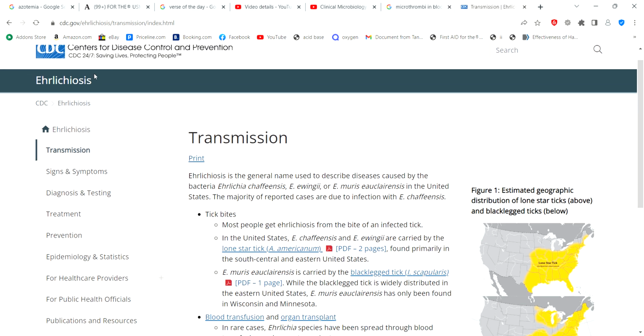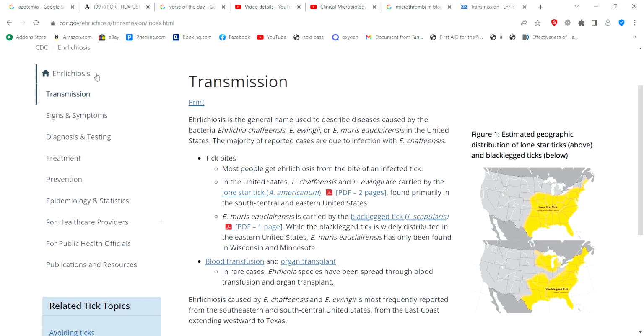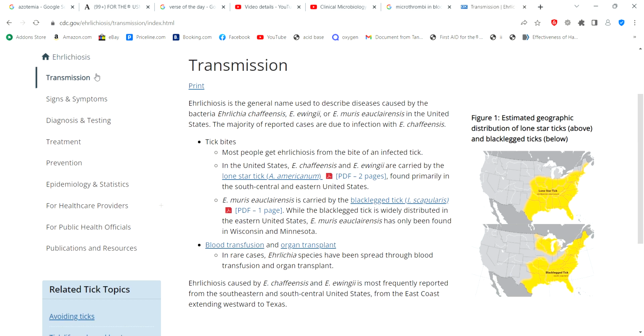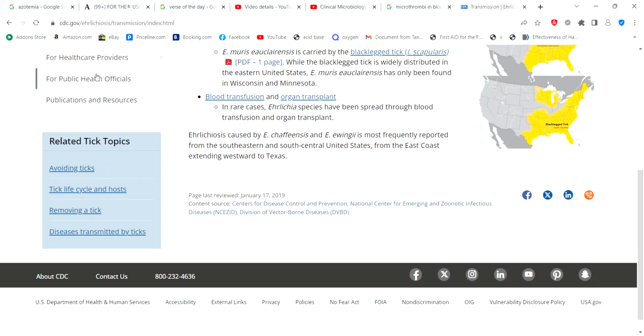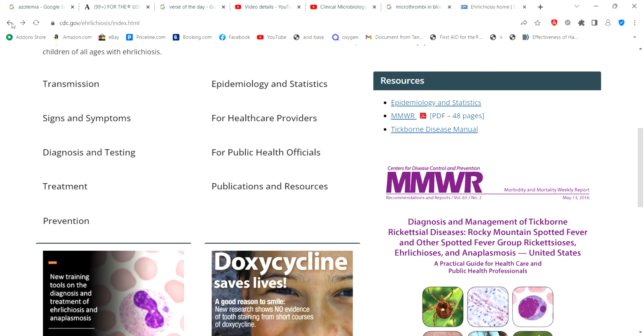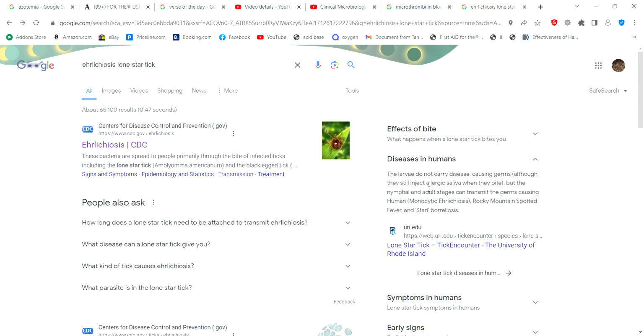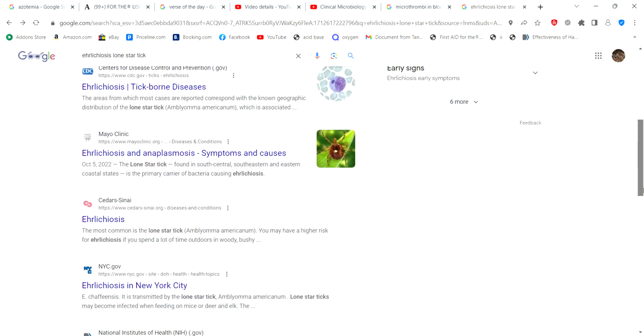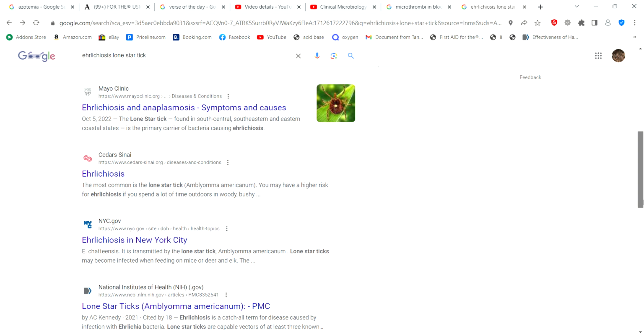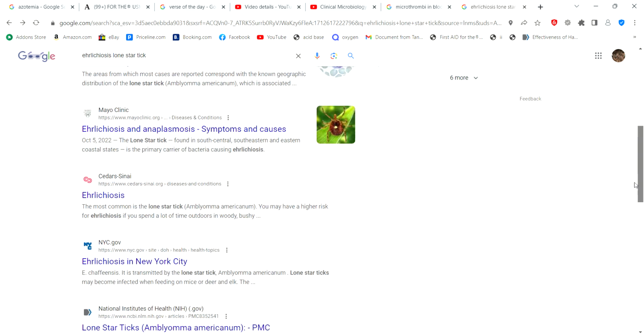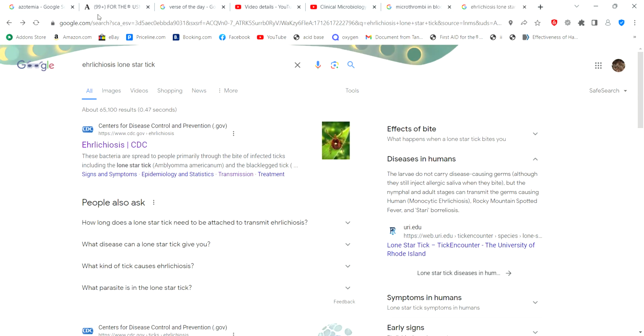Transmission. But where do the ticks get it from? Monster tick.